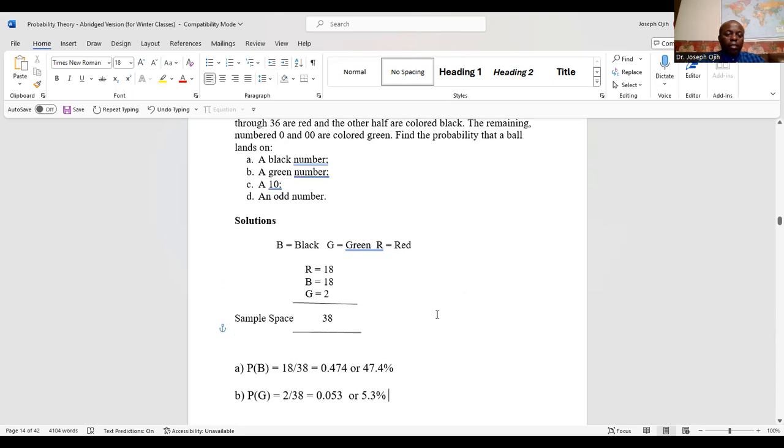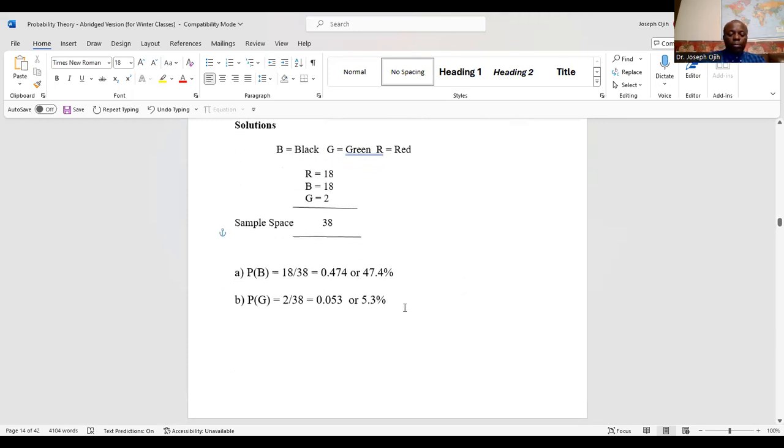Excellent. Now it says, if it falls on the slot that has the number 10, that's part C. The probability of that is for the slot that has the number 10 on it.